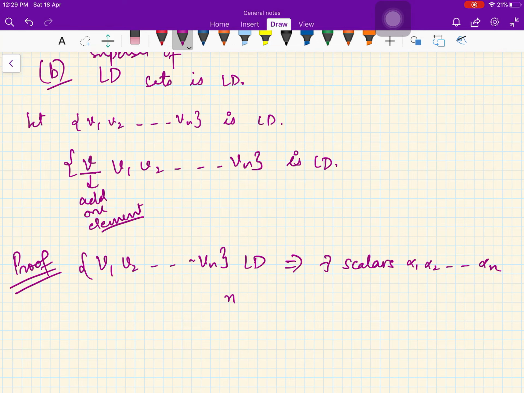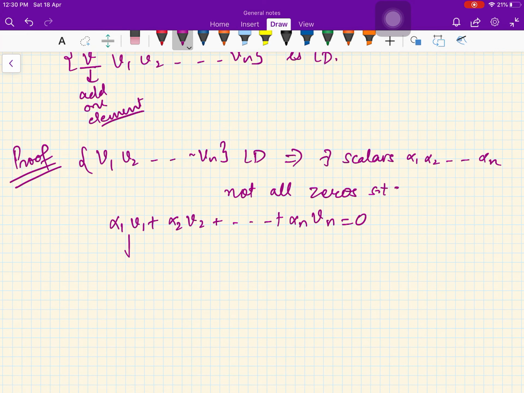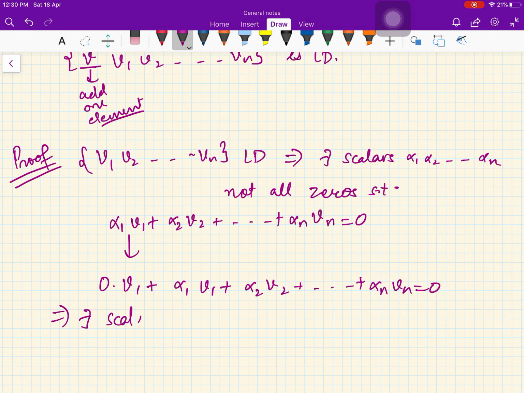It means that there exist scalars alpha 1, alpha 2, ..., alpha n, not all 0, such that alpha 1 v1 plus alpha 2 v2 plus so on alpha n vn equal to 0. Now I can just bring in 0 into v plus alpha 1 v1 plus alpha 2 v2 plus so on alpha n vn equal to 0.